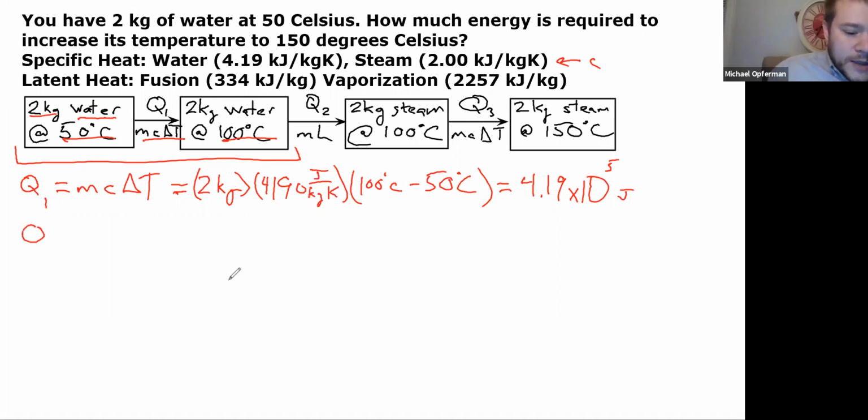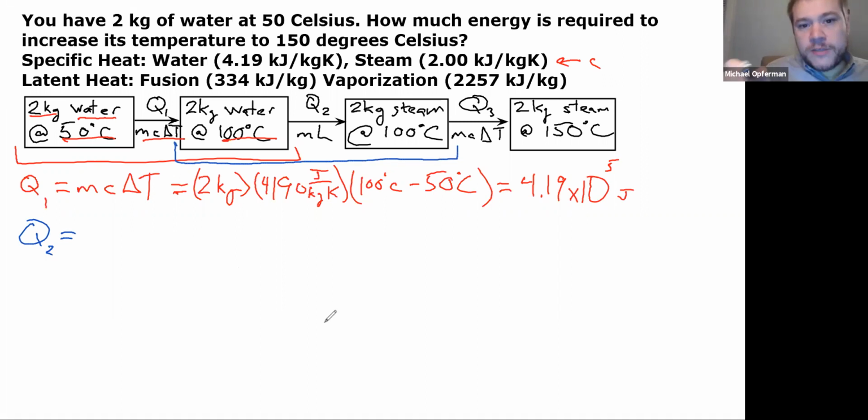Second Q. Actually, let's switch pen colors just to emphasize this. Q2. Okay, now for Q2, I have my eye just on these 2 boxes. And I can see from these 2 boxes, first of all, I'm doing an ML. I already established that. Now, whenever you do an ML, you have to stop for a second and ask yourself, do I need to put a negative sign in here?